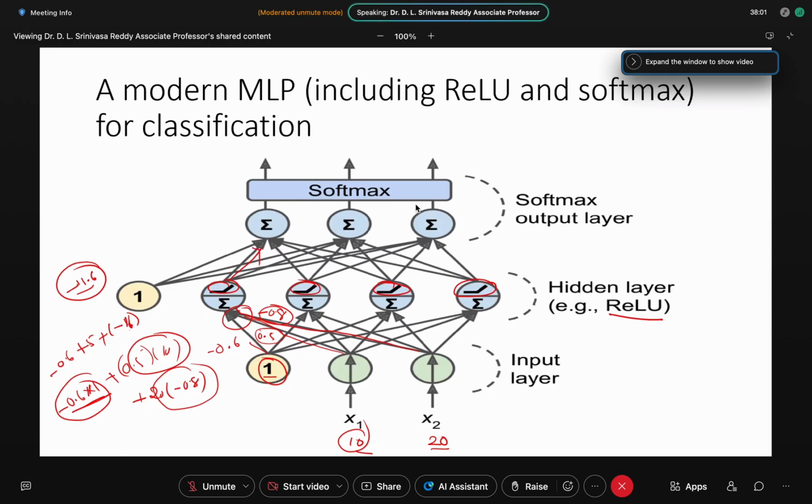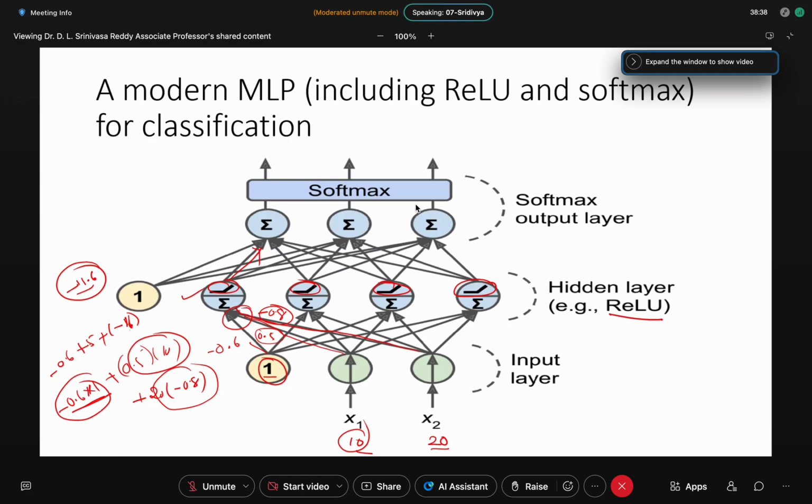Anyone please respond. Now you have the value minus 11.6 as an input for this neuron in the hidden layer, but in this neuron we are using the ReLU function. Whatever function you use in any hidden layer will transform this input to another value. What do you get as an output here?